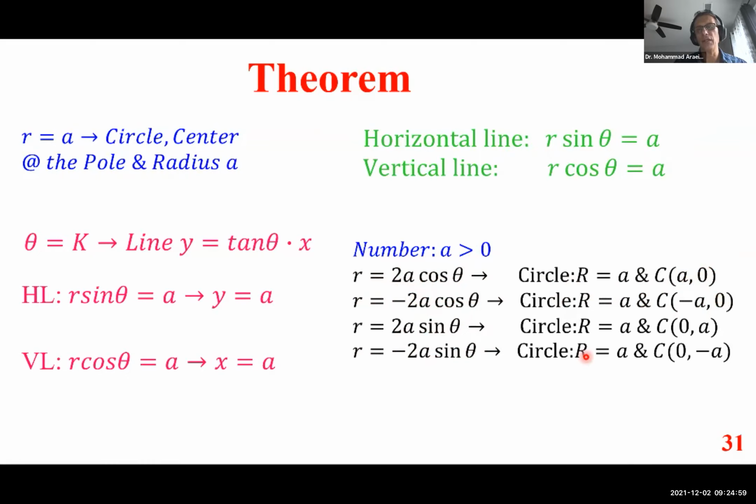If we have sine, the center is either (0, a) or (0, -a), so it goes along the y-axis. All of them have the same radius a, which is half of this number, the absolute value. Because we wanted to make sure we have a, we went with 2a here, just to make sure it makes perfect sense to everybody.